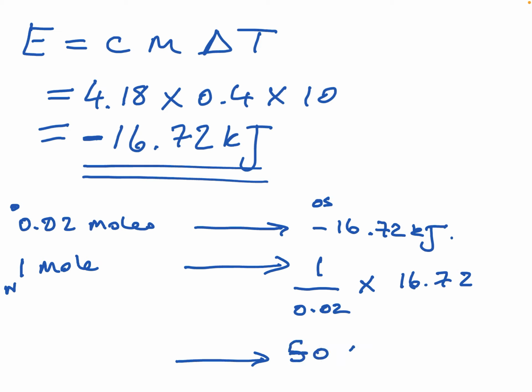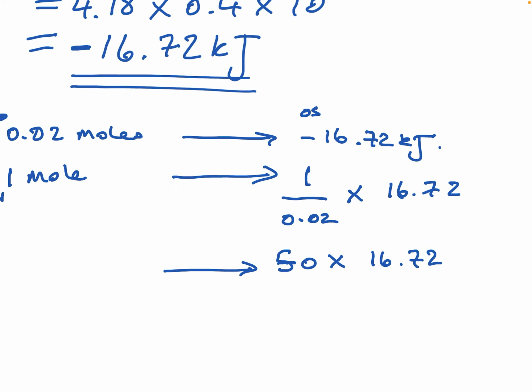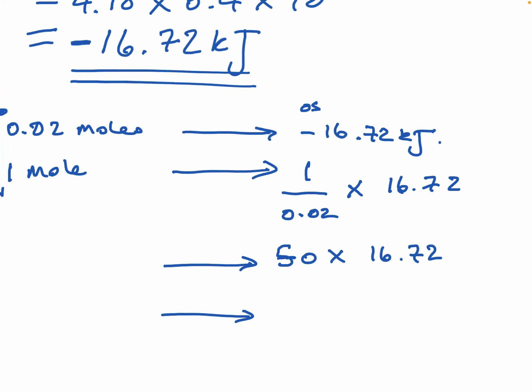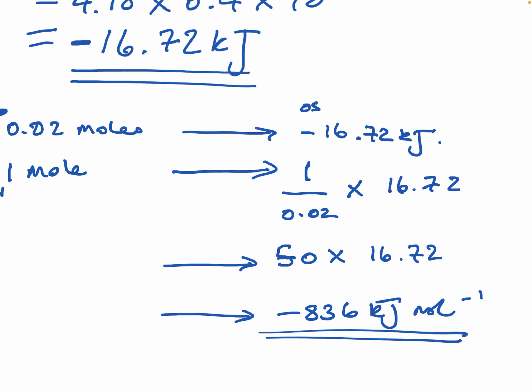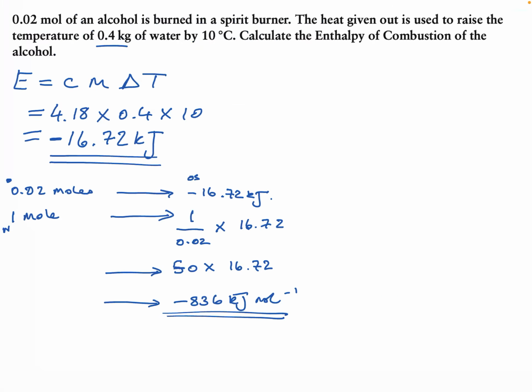That would be 50 times 16.72. That ends up being minus 836 kilojoules per mole. And remember, we're keeping that negative there because it is exothermic.